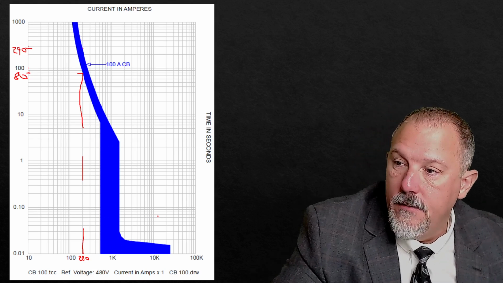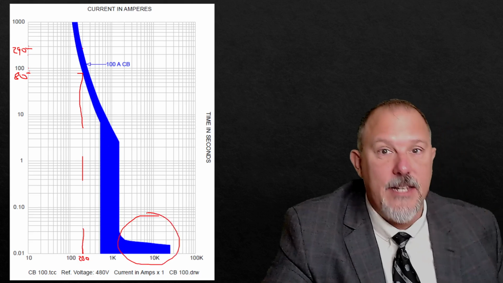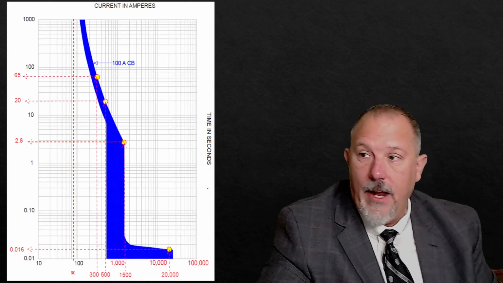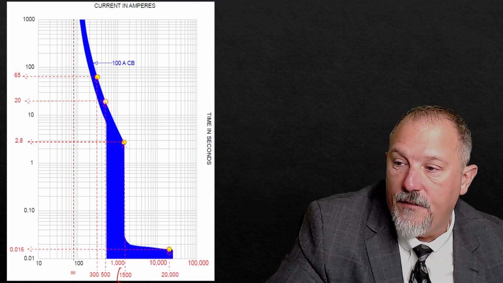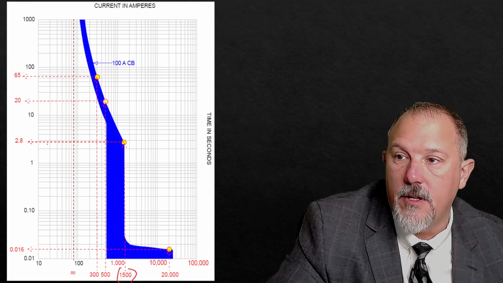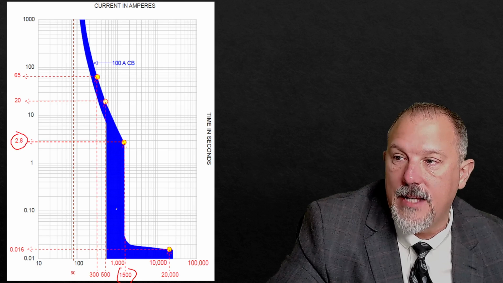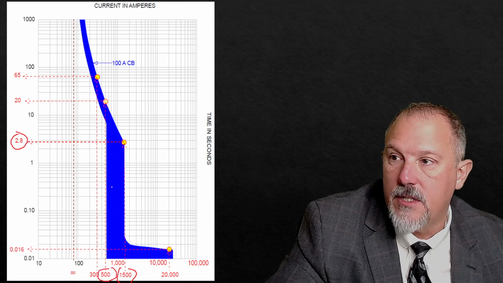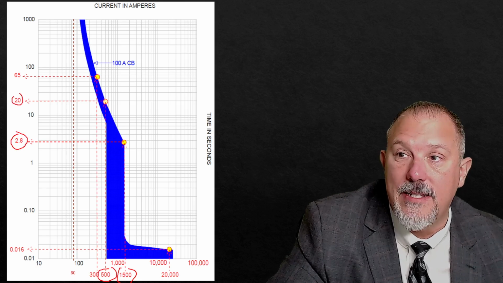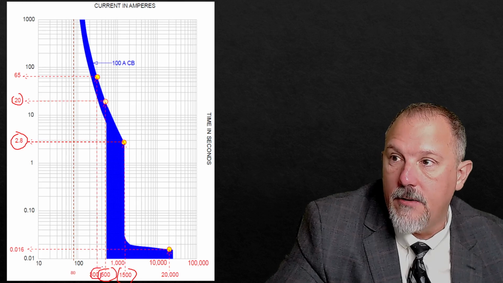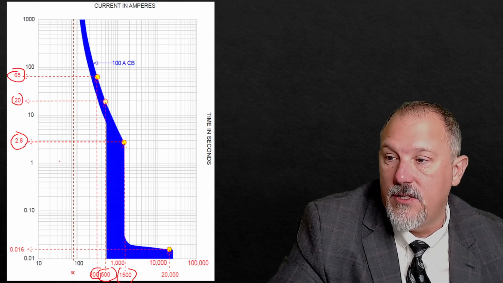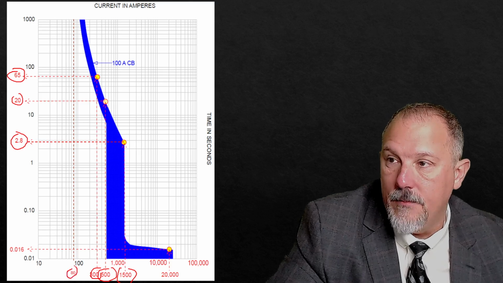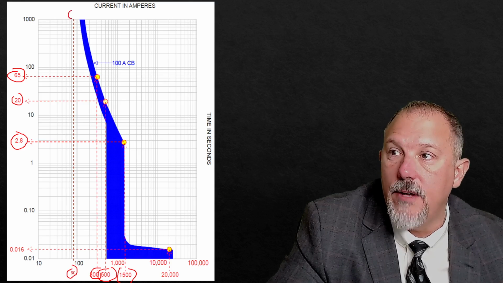Over here is the instantaneous region. And these are just continuous examples: for 1500 amps, the maximum clearing time is 2.8 seconds. For 500 amps, the maximum clearing time is 20 seconds. For 300 amps, the maximum clearing time is 65 seconds. For 80 amps on this breaker, it will never trip.